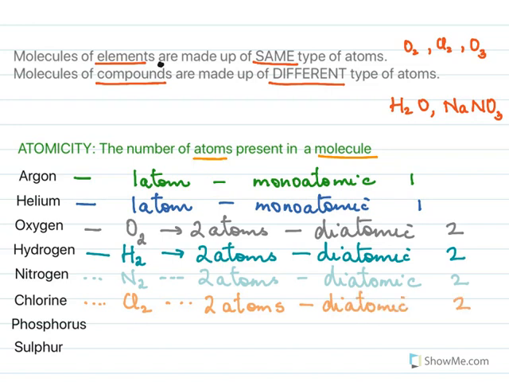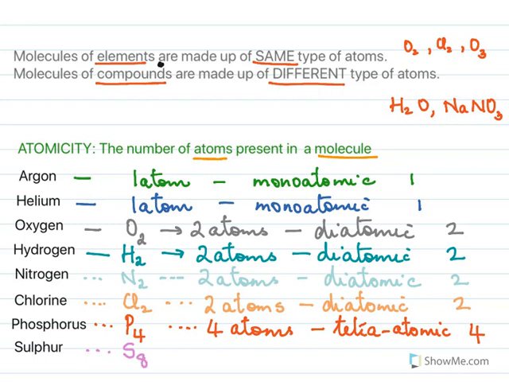Atomicity 2. Now phosphorus is P4, means each molecule of phosphorus has 4 atoms of phosphorus. And if you say 4 atoms, it is tetraatomic. Tetra means 4, atomic. Atomicity 4. Now sulfur is S8.